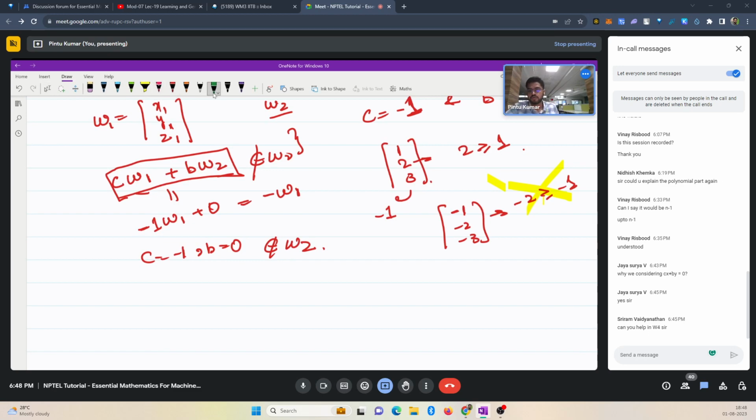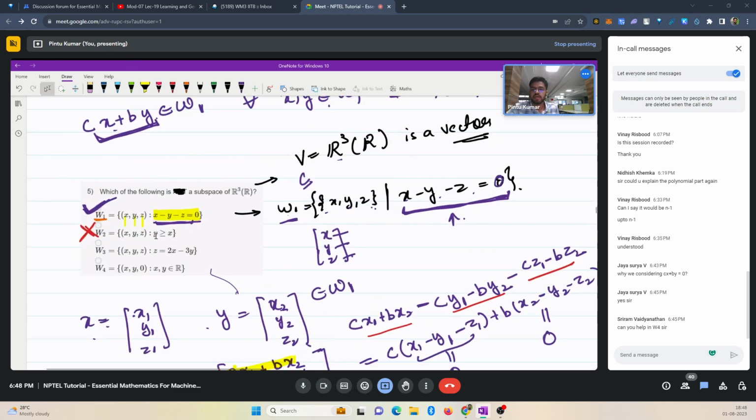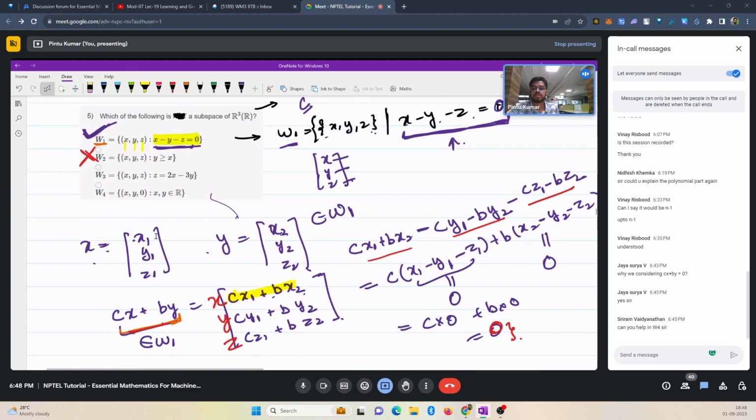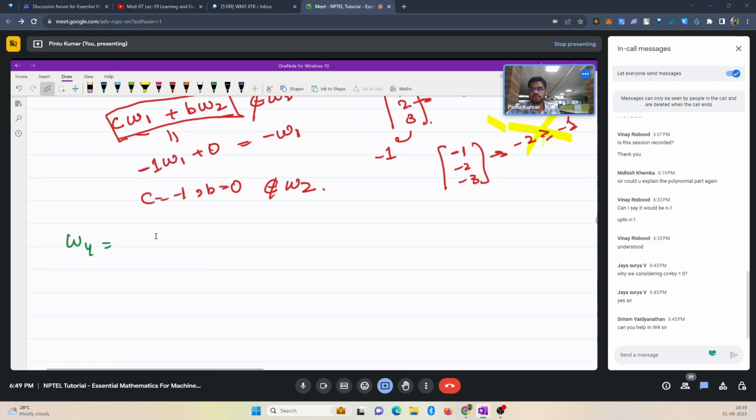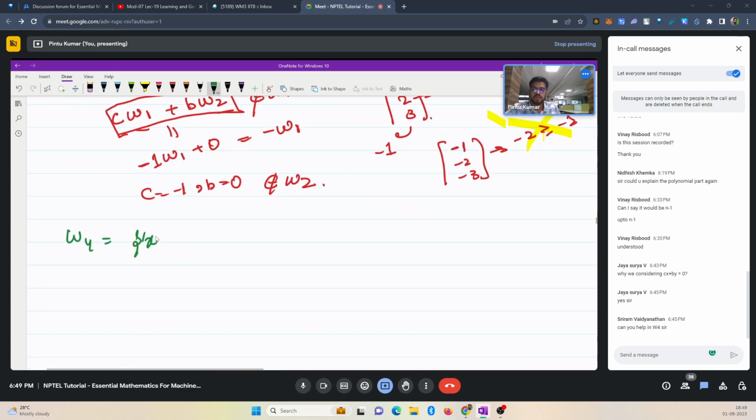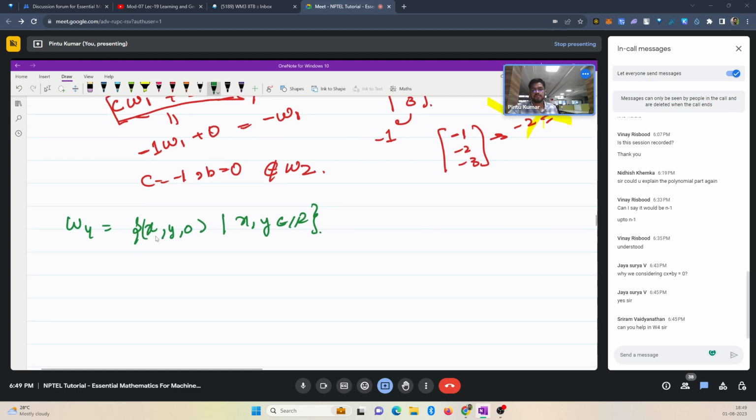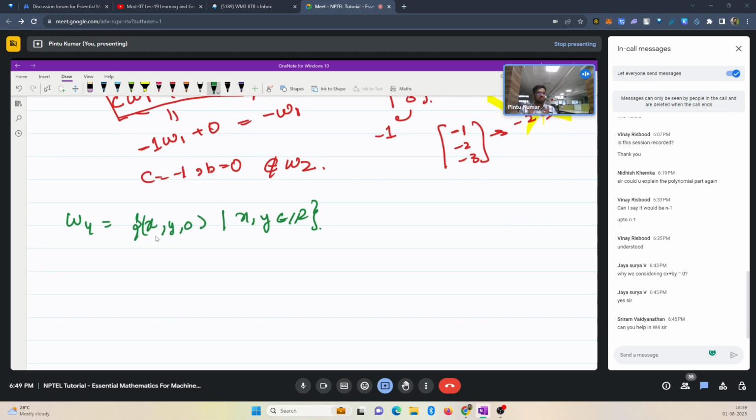So W4 says: x comma y comma 0, such that x, y belongs to R. This is written slightly differently, but what it means is that you have some element in the first position, some element in the second position, but the third position is always 0.